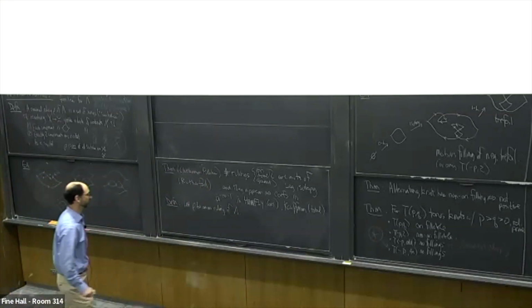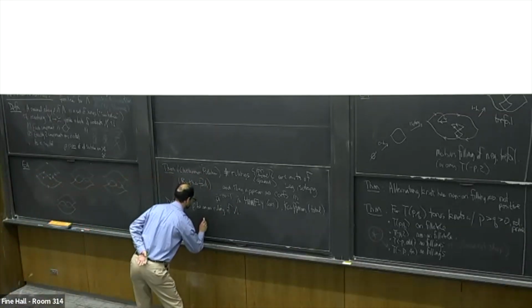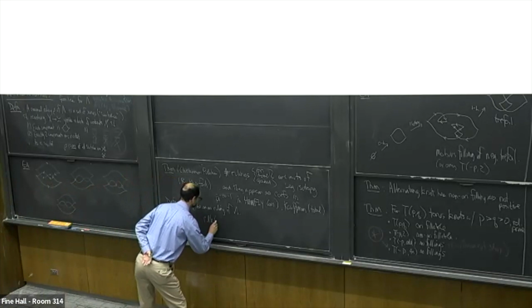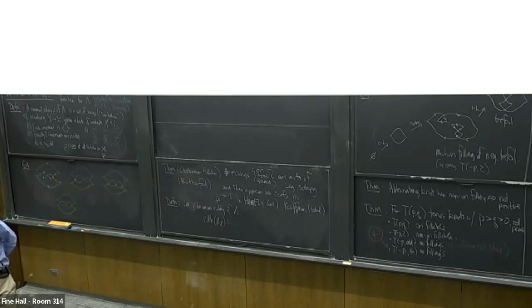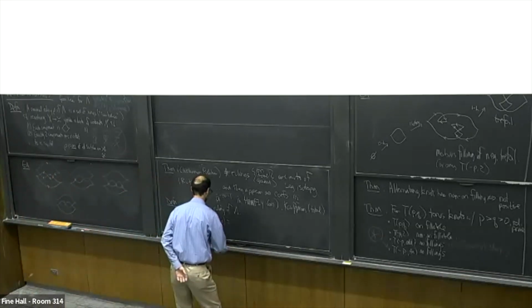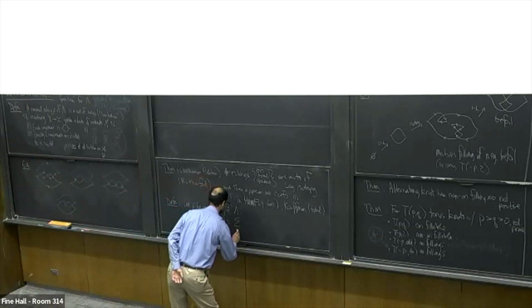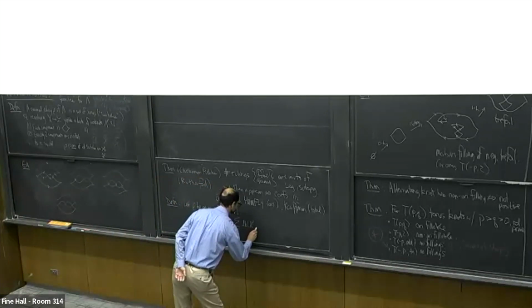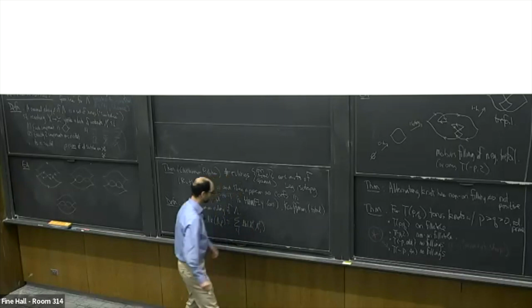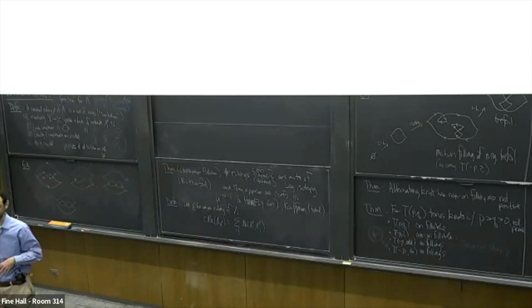And then we're going to define the resolution linking number of lambda with respect to the ruling rho to be the following. Just take this resolution, this link of unknots, and compute the pairwise linking numbers and add them all up. So this is the sum over all the pairwise linking numbers inside the resolved diagram.